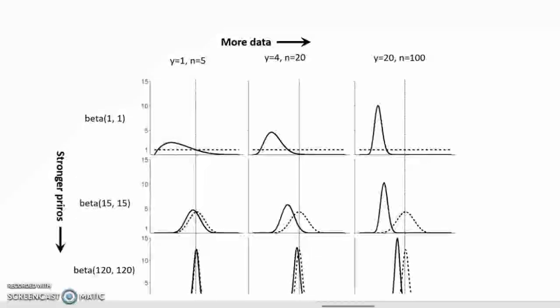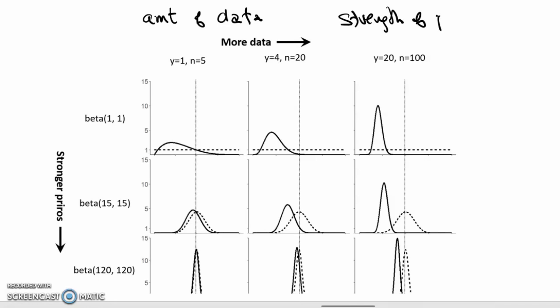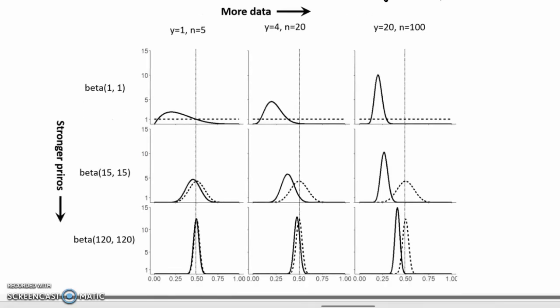Now what I want to do is go over the idea that the posterior is a blend between the amount of data on the one hand and the strength of the prior on the other hand. So in this figure, we've got increasingly large amounts of data as we move in this direction.